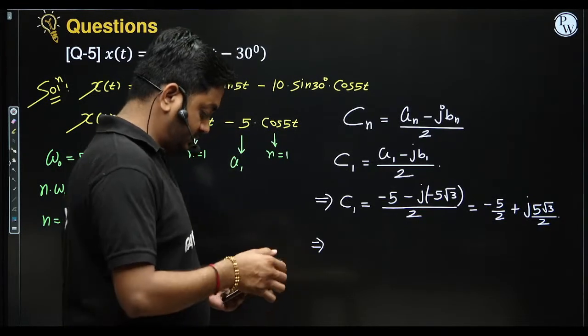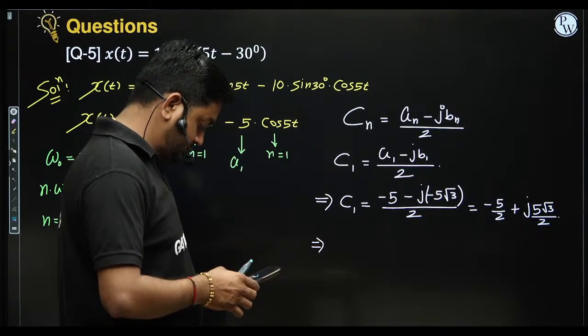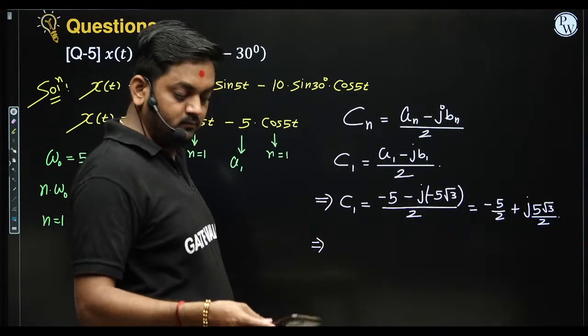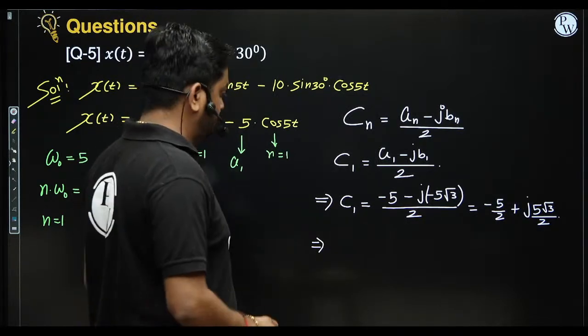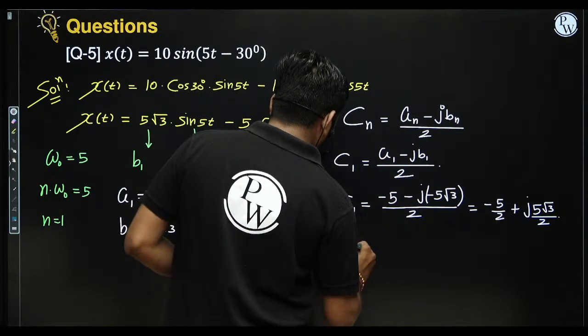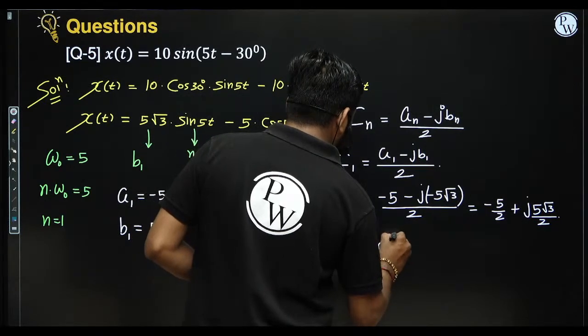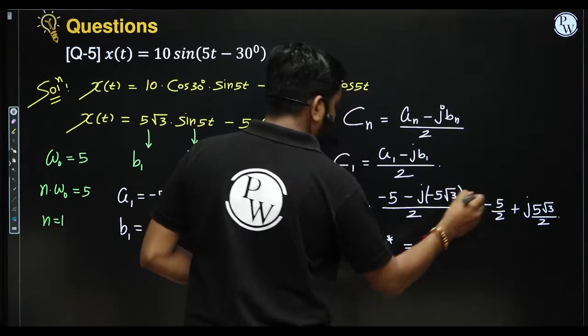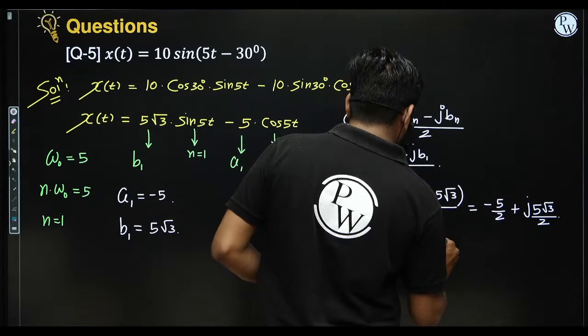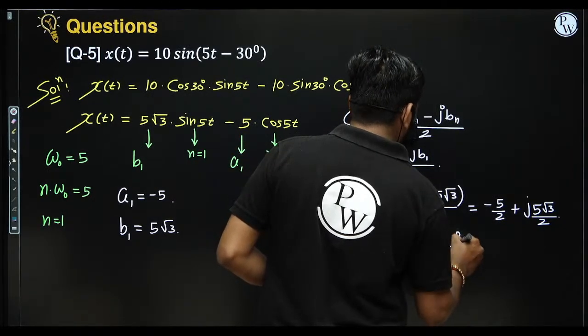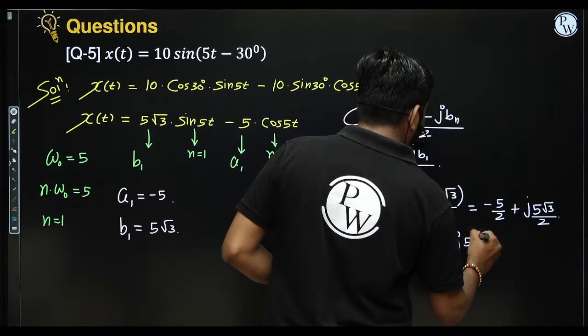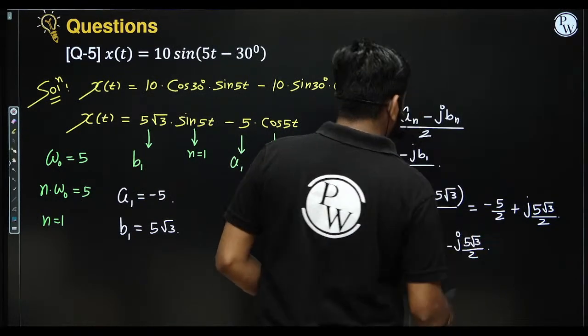Got it? Any doubt? Clear? Similarly, C minus 1 is nothing but what? Conjugation of C1, guys. So minus 5 by 2 minus j 5 root 3 by 2.